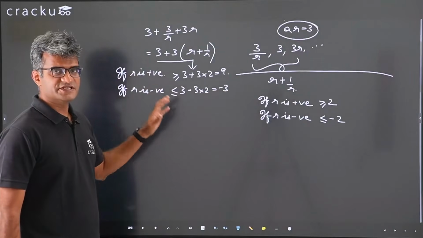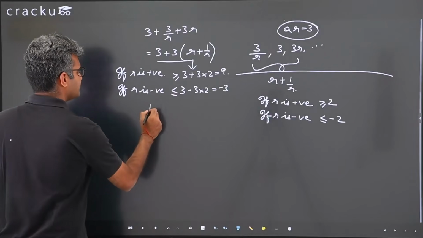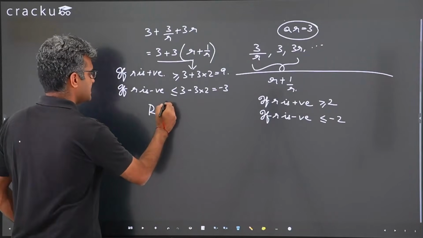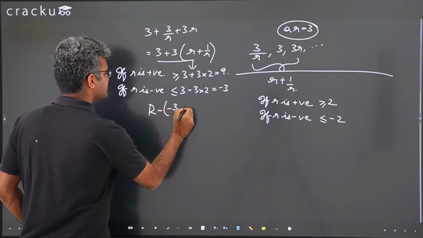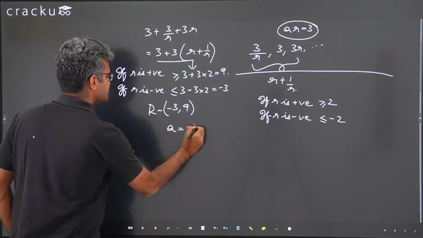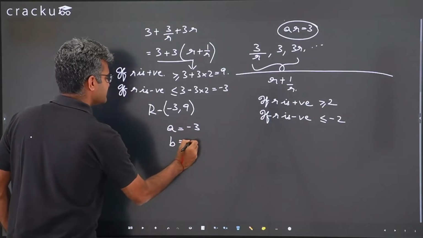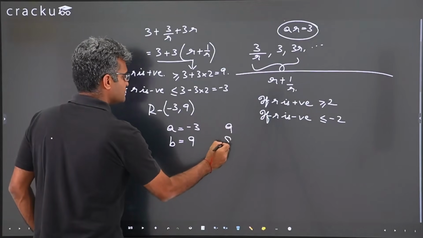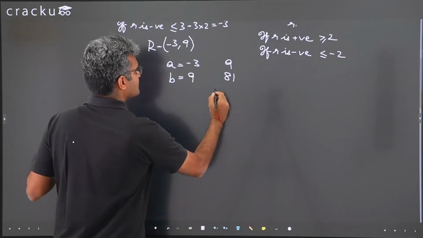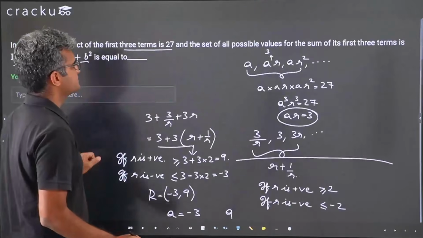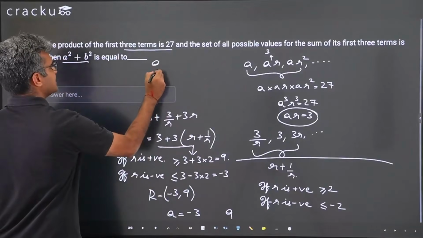So the sum of the first three terms can take all the real numbers except the numbers between minus 3 and 9. So the value of a is minus 3, the value of b is 9. So a square is 9, b square is 81, and the sum of both of them is equal to 90. So the answer for this particular question is 90.